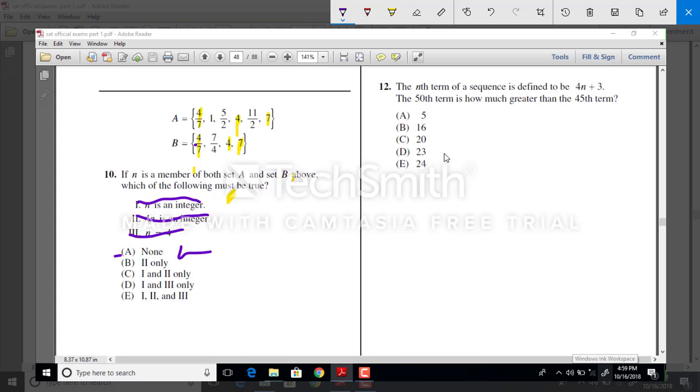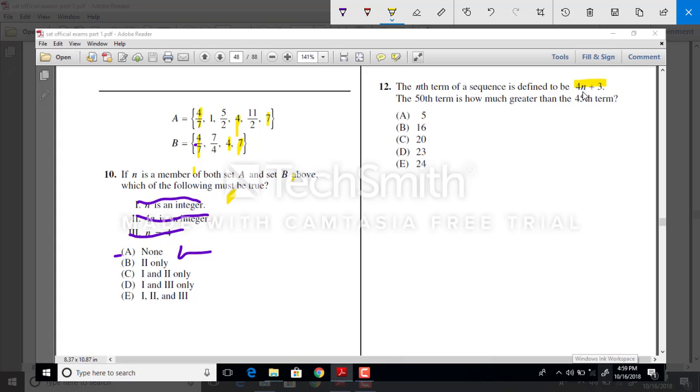Okay, fine. Let's go to number 12. The nth term of a sequence is defined by the equation 4n + 3, which means if my term is first, it will be 4 times 1 plus 3.